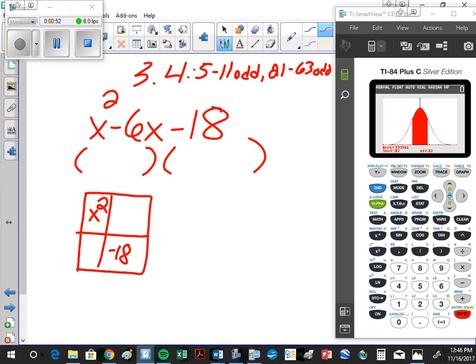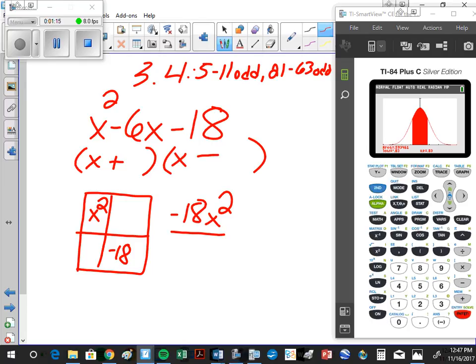Multiply those together, and I get negative 18x squared. This 18 is negative. What does that negative tell me about the factors? One is positive and one is negative. Does everybody understand that? We are going to end up with x plus something and x minus something.